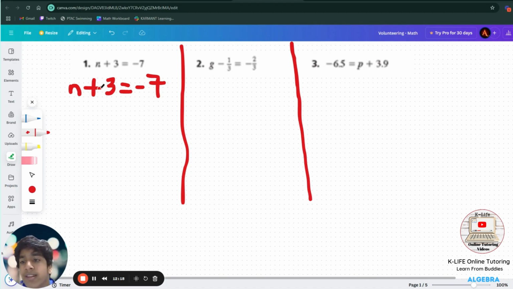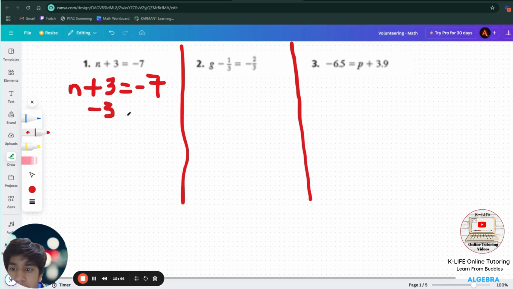They're letters, and letters are basically given a value. So which property will you use? Subtraction property of equality, because you want to isolate n and give a value to n. So you want to get rid of the 3. Since it's positive, you have to do minus 3 to equal 0.